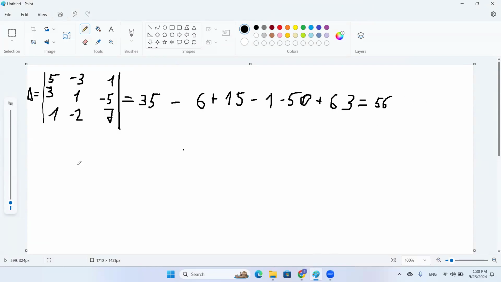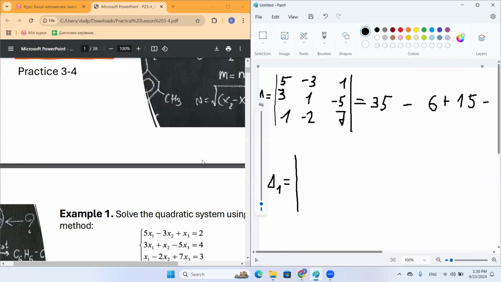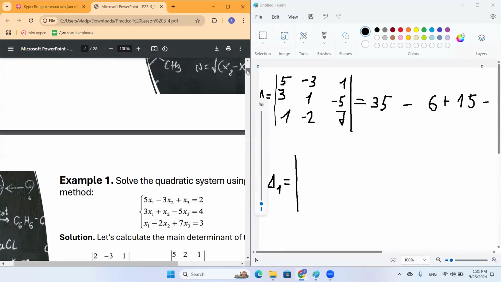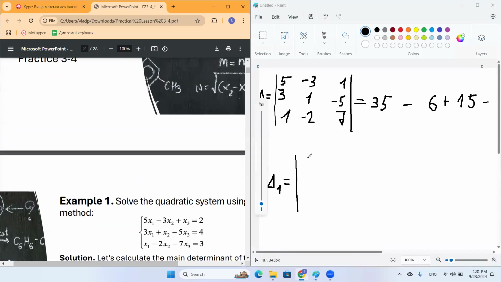Okay, and then the first determinant, delta 1, which column is modified? The first column. Yeah, and what should be in the first column? 2, 4, 3, minus 3, 1, 2, minus 2. Yeah, so actually the second and third are not modified.